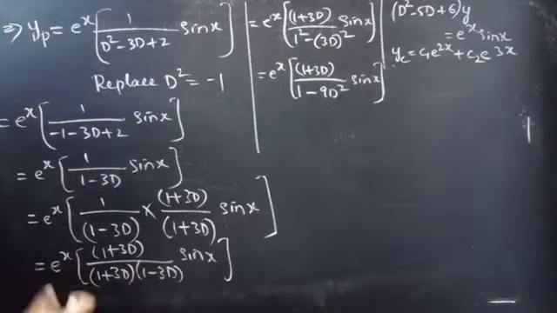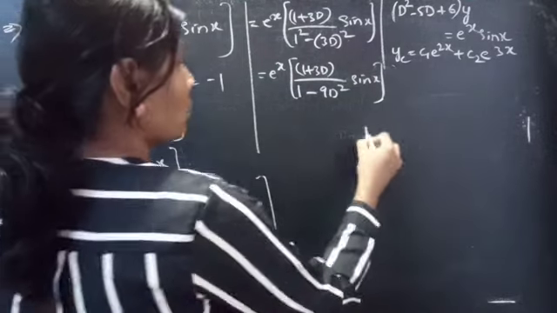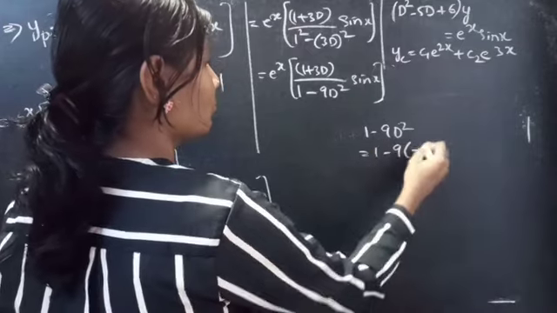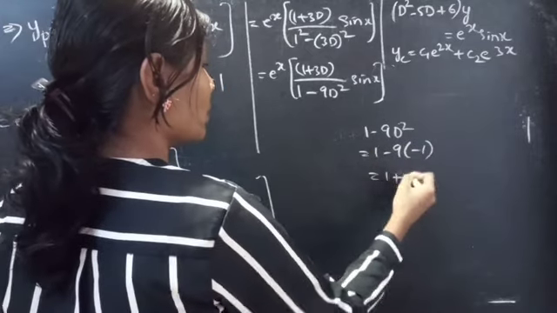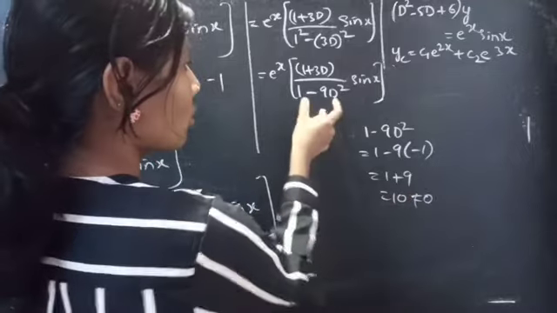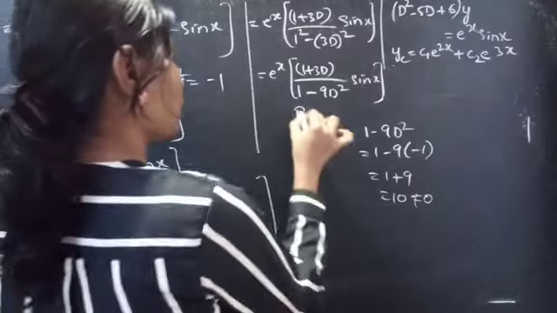Again, D² appears in the denominator, so the denominator must be non-zero. Let's see what happens if we replace D² by −1 in the denominator. We'll get 1 + 9, which is 10, non-zero. Since the denominator is non-zero by replacing D² with −1, let's replace D² here.